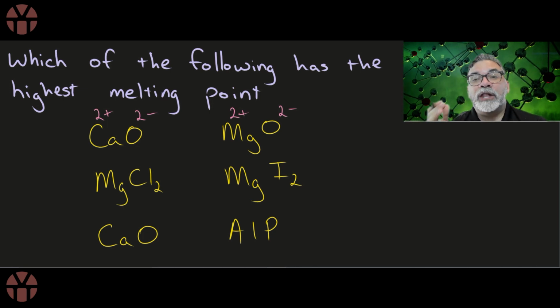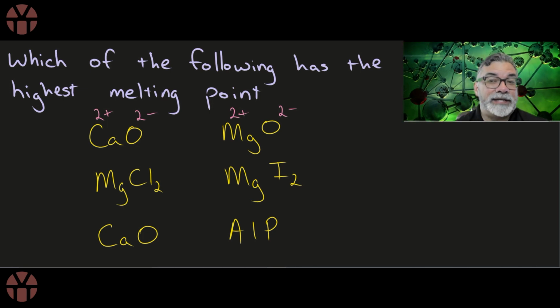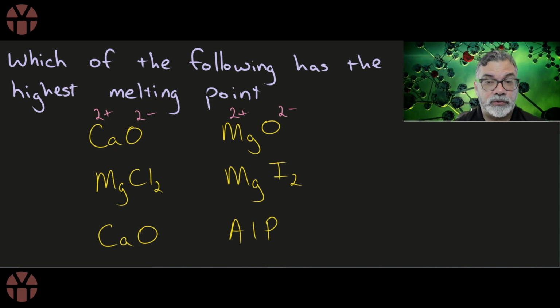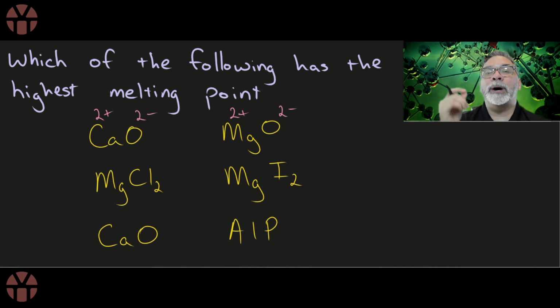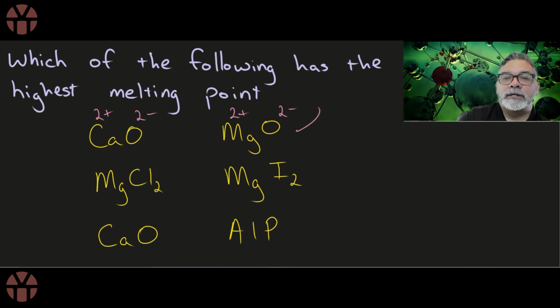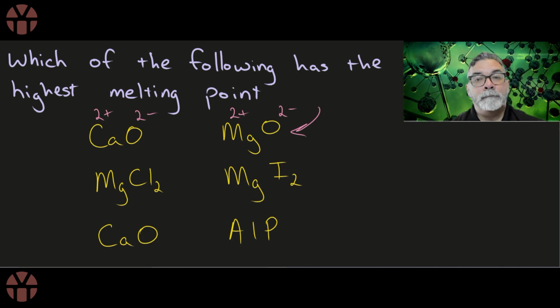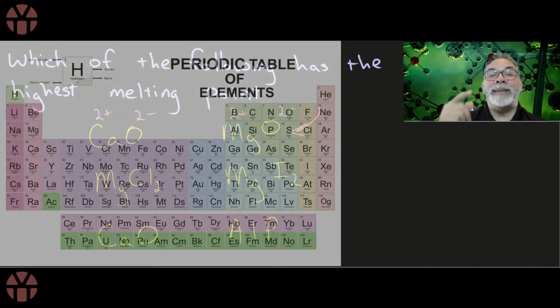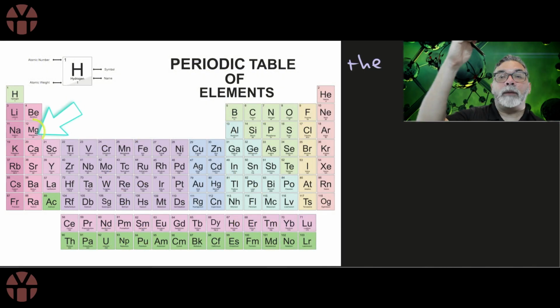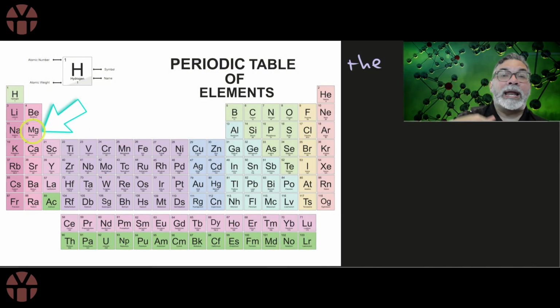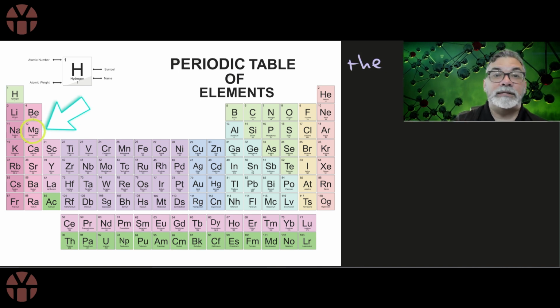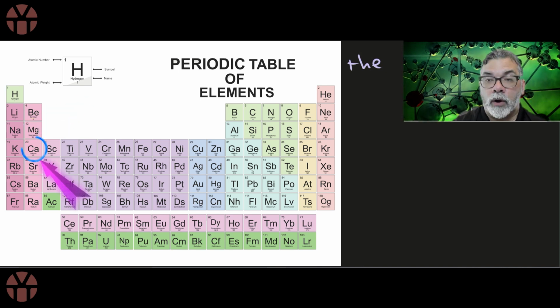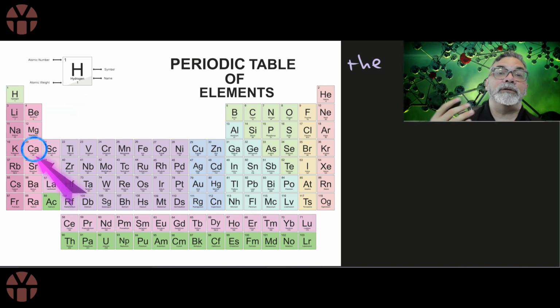Now, that alone, I can tell that these guys are going to be attracted to one another, very attracted, but I believe that in this case, the MgO is going to have the higher melting point because magnesium is higher up on my table. When I look at my periodic table, magnesium is in the 3rd row as opposed to calcium that's in the 4th.